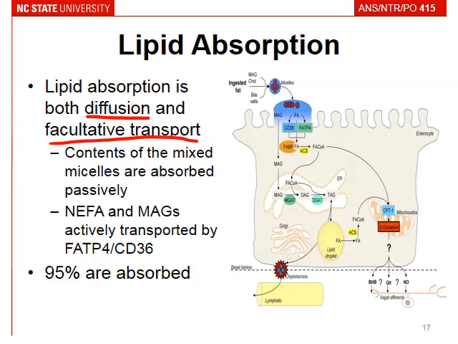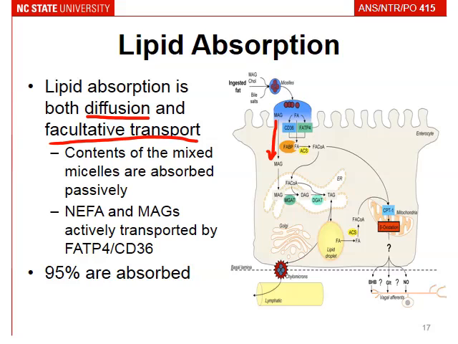Once it merges here, we have our monoacylglycerides. Those passively diffuse. Right here, you can see those are able to easily enter into the cell. Our non-esterified fatty acids, or free fatty acids, are a little more challenging, so we have to account for them.